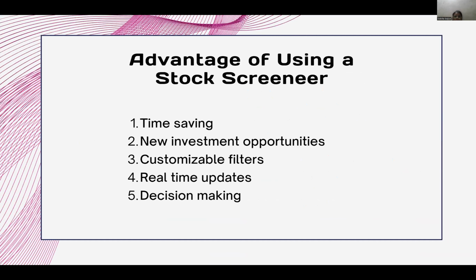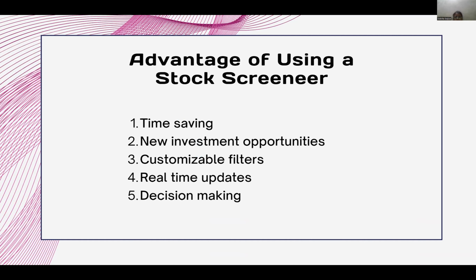Advantages of using a stock screener. First is time saving. It is a key advantage of sifting through a large number of stocks. A stock screener automates the process by quickly filtering and generating a list of stocks that meet specific criteria. Second is new investment opportunities, and third is customizable filters.